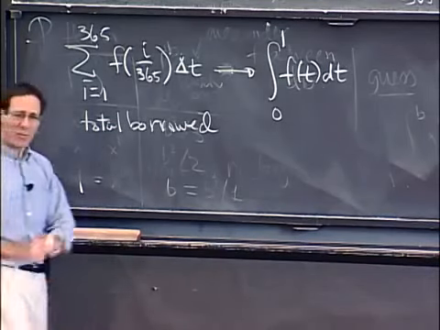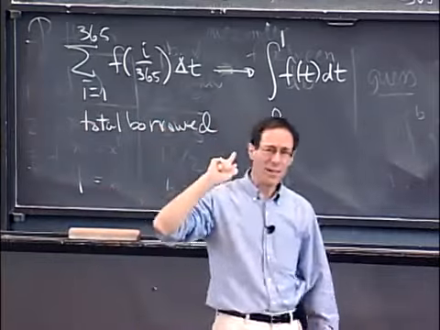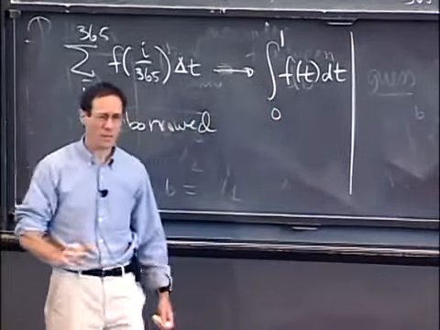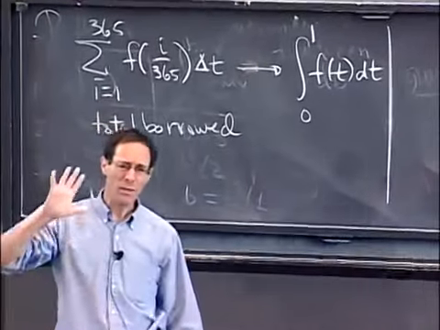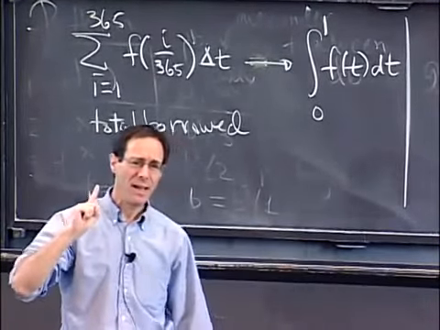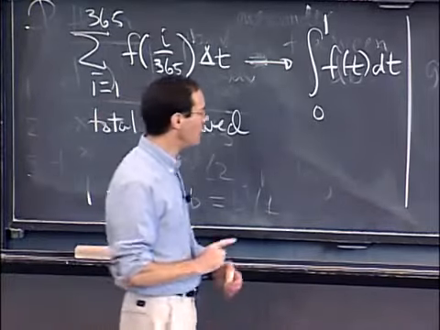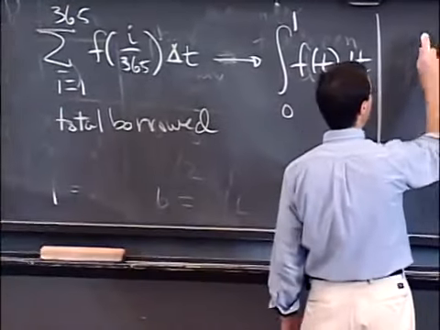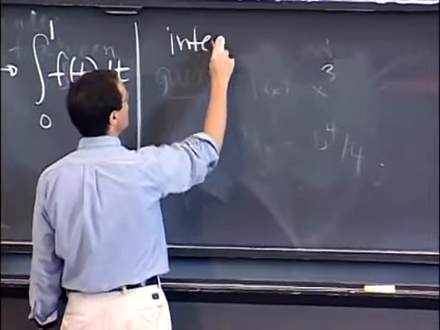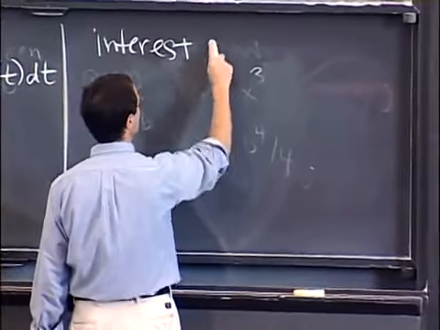Now, however, there's another thing that you would want to model which is equally important. This is how much you borrowed, but there's also how much you owe the bank at the end of the year. And the amount that you owe the bank at the end of the year, I'm going to do it in a fancy way. We'll say the interest is compounded continuously.